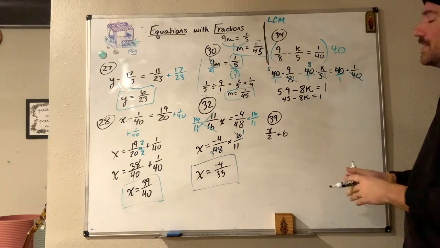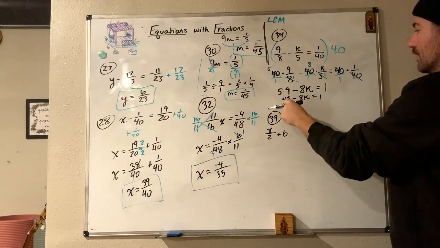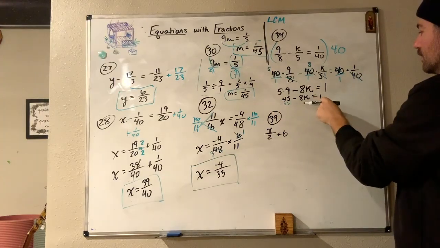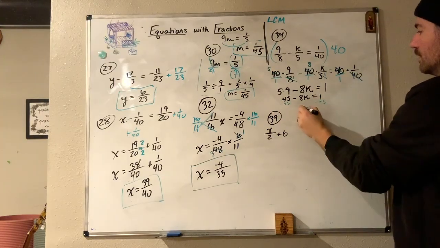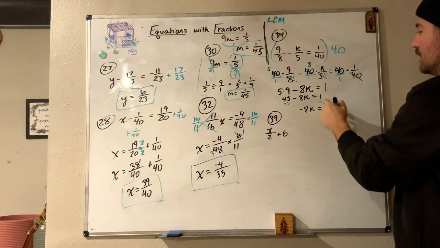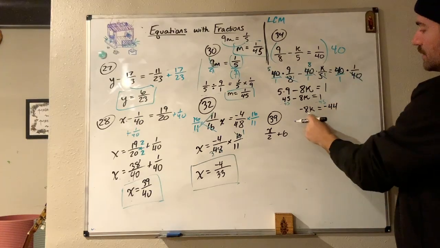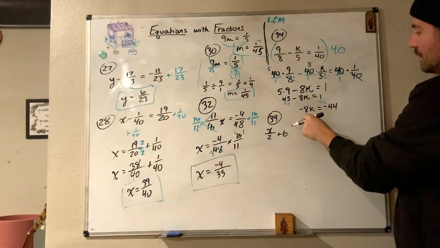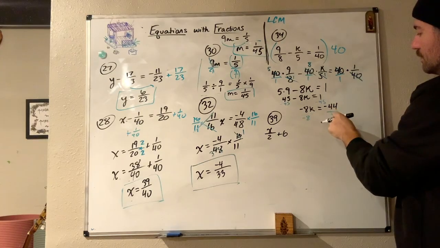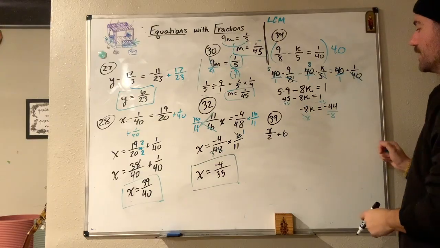Now let's just solve this equation. Subtract the 45 over. I'm left with this minus 8k on the left side, and then 1 minus 45 will be negative 44. And then let's divide both sides by negative 8. So we'll cancel on the left side.